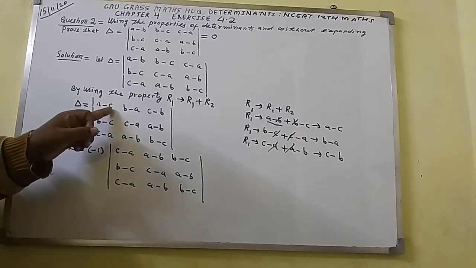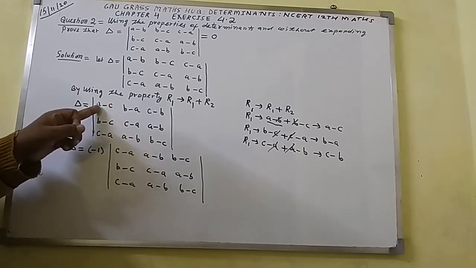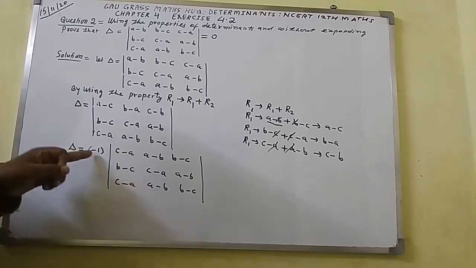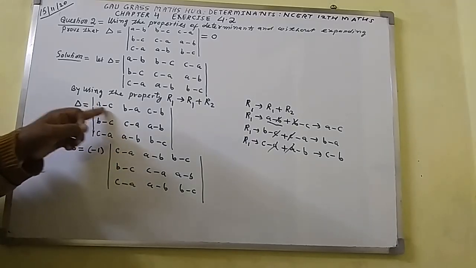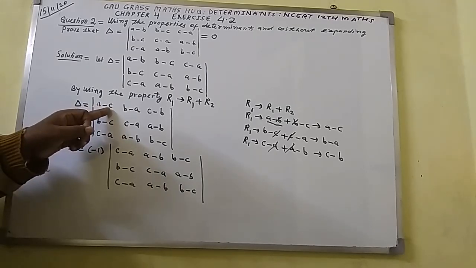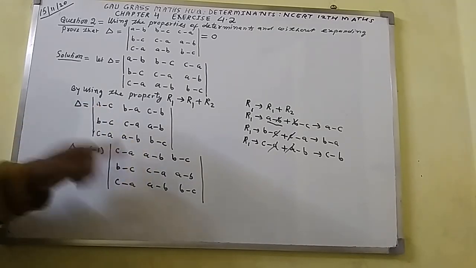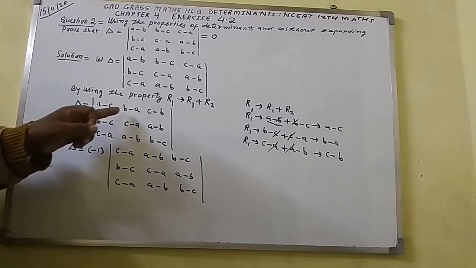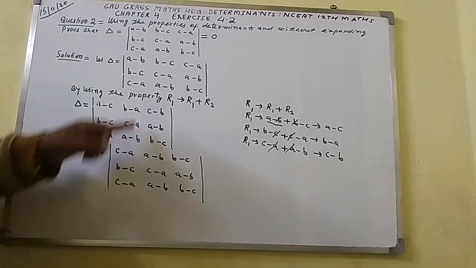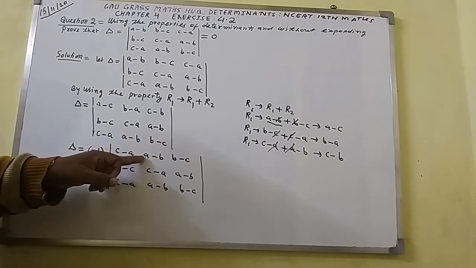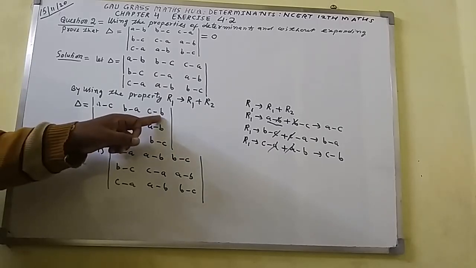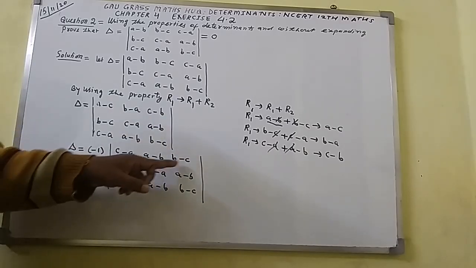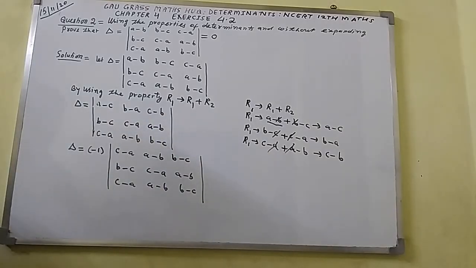Just reverse. Since I have taken here minus 1 as common, this element A minus C will be converted into C minus A. B minus A will be converted into A minus B. C minus B will be converted to B minus C. This is the case which I have got here.